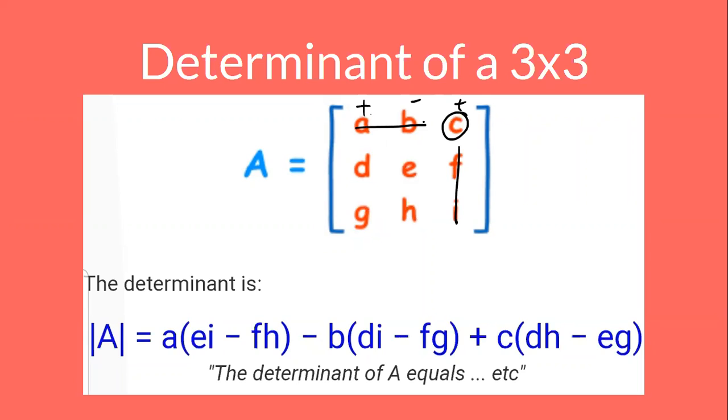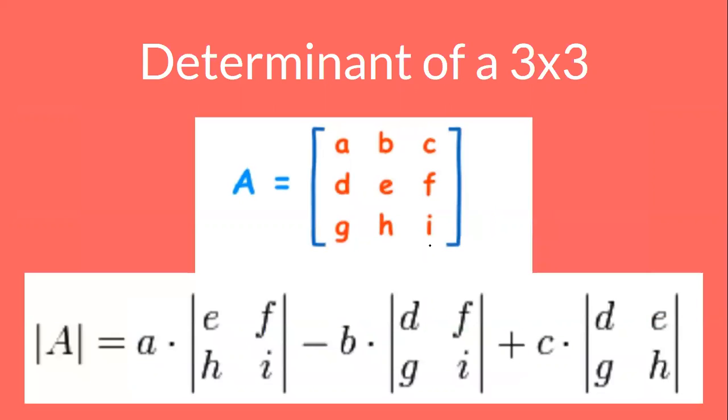Okay, so you're using your elements in row 1 to know what you're going to multiply those cross products by, and to know which rows and columns to eliminate. All right. So essentially what you're doing is you're making your own 2x2s. Do we see that? And that's why we're multiplying and subtracting, because we're making our own 2x2s.